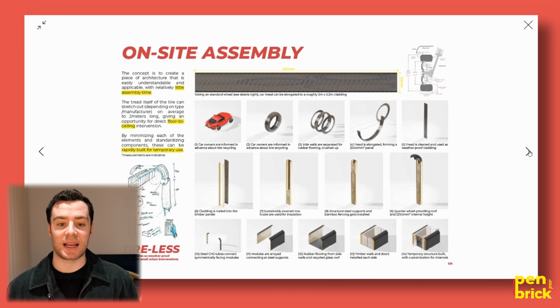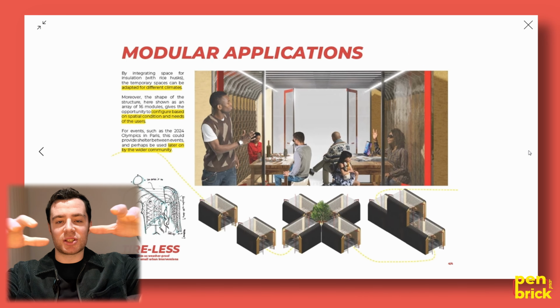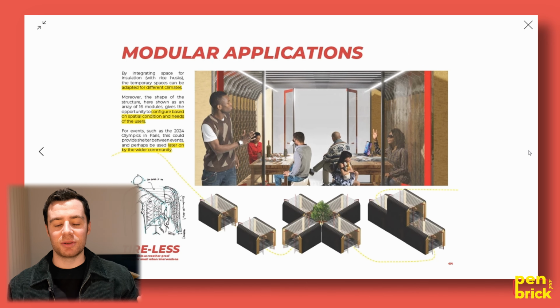So the idea was to have a relatively quick on-site assembly using these elements, and they're essentially small enclosures where you could work or dine. They're not looking at doing any MEP services. They're very straightforward, but it was a really fun project. I really enjoyed the process of it, and now I'm going to show you how some of it was done in Blender.